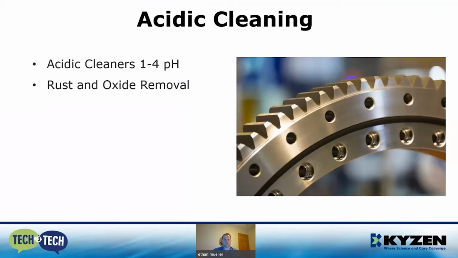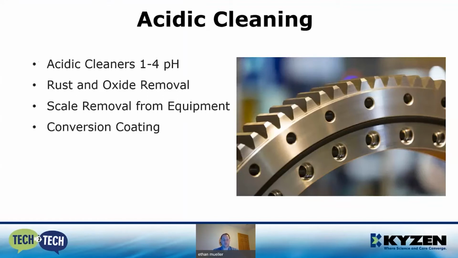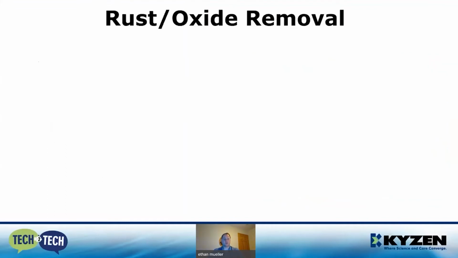And we're really relying on these for rust and oxide removal, removing scale from our equipment. And because acids tend to react with our base metals, we rely on these to do conversion coatings such as passivation, pickling, or phosphating.